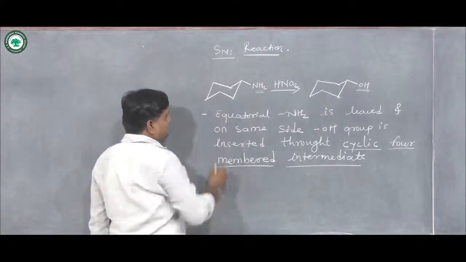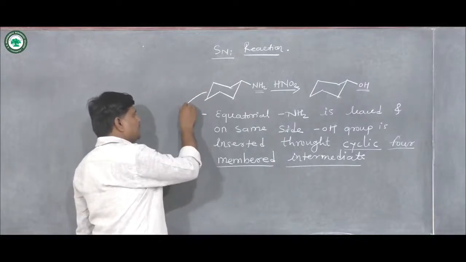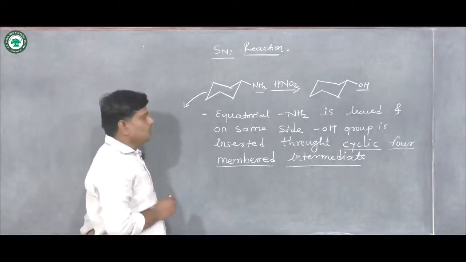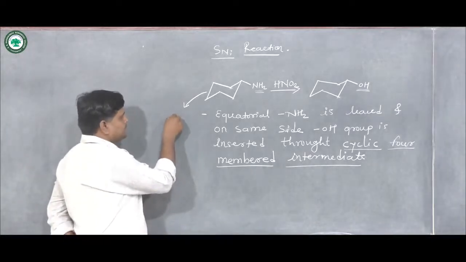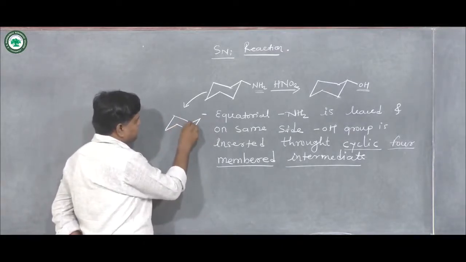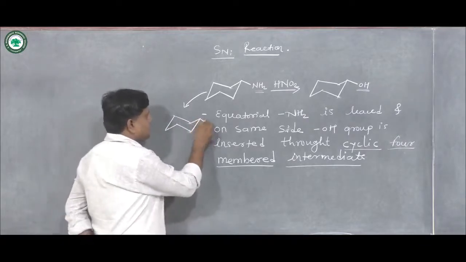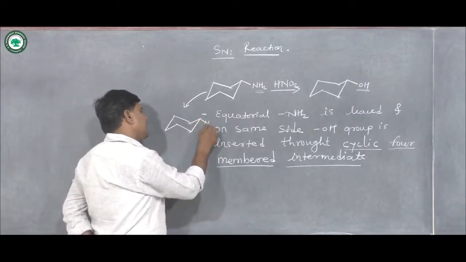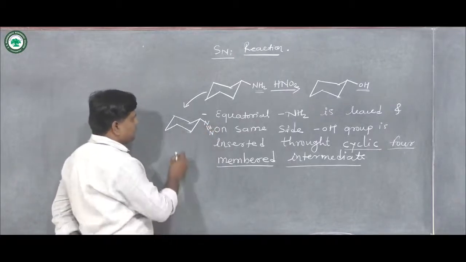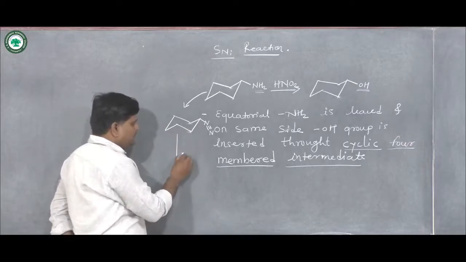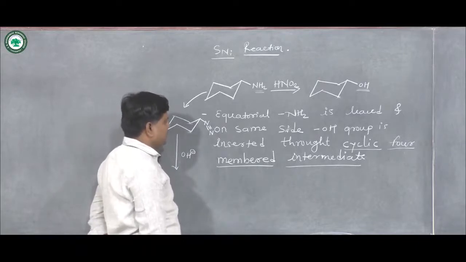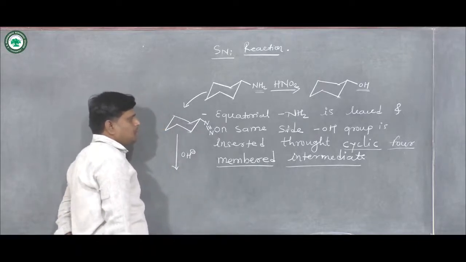Okay, now first we convert that amine in the presence of HNO2. We simply get N triple bond N. Okay, now the nucleophile OH minus first forms a bond.